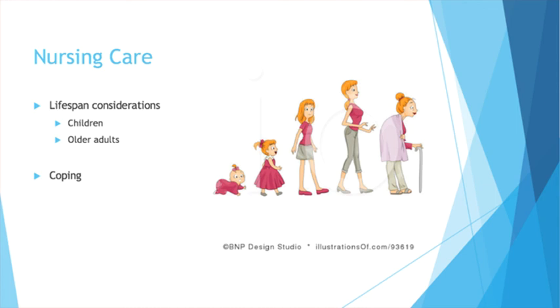Or they may be embarrassed to self-monitor in front of their peers or give insulin or something like that. So keep that in mind. They really seek to create a separate identity from their parents. So they need an individualized plan. They need to be the target of the plan. So you should be speaking to the adolescent as a nurse, not the parent, and then giving them that plan of care while they're at school.